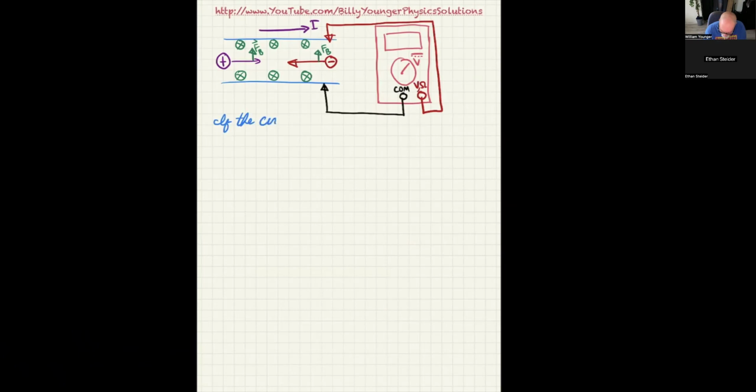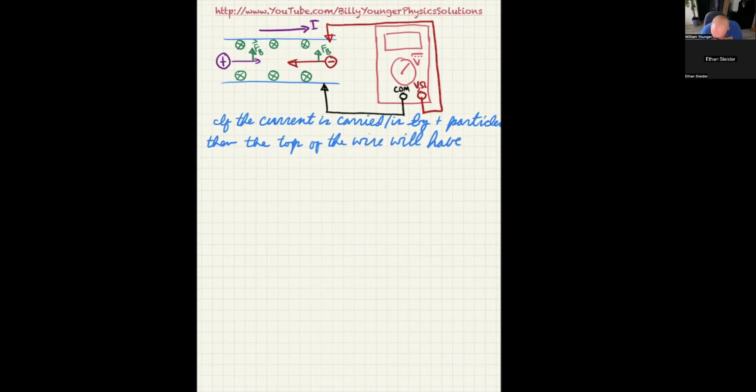If the current is carried by positive particles, then the top of the wire will have a net positive charge and be at a higher voltage than the bottom.